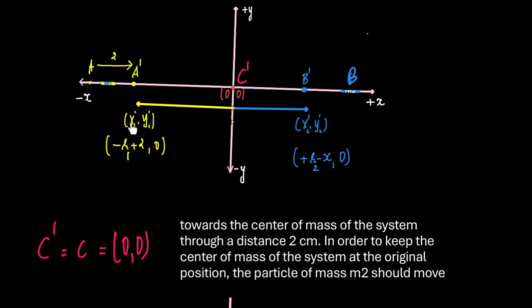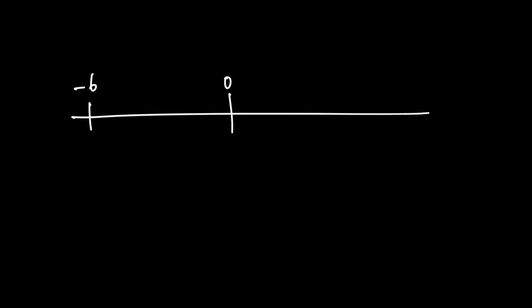Now what would be x1 dash? I think it is better to see an example here. So let us say this is the origin. This is minus x. We're talking about r1, and if this object m1 present at minus 6, if it moves 2 centimeters towards the center of mass, what is the new position?